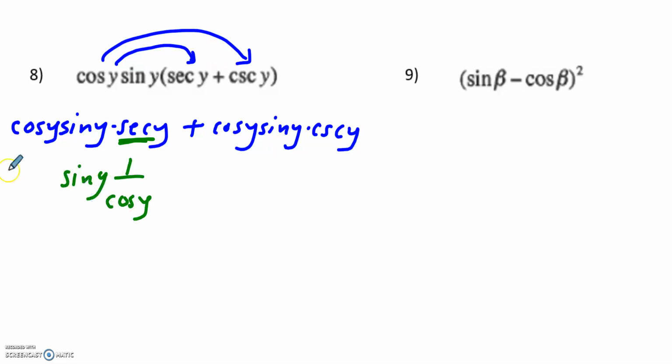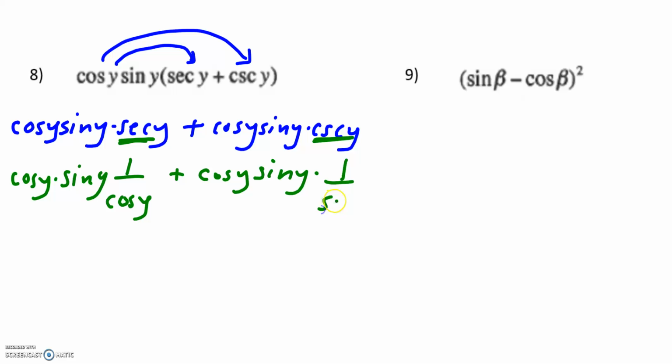And that is going to be very helpful because this cosine and that one are going to cross out eventually. Cosine I like, sine I like. This one, let's change to something more recognizable. Cosine of y, sine of y times 1 over sine of y. So in this first term, the cosines, one's on top, one's on bottom.